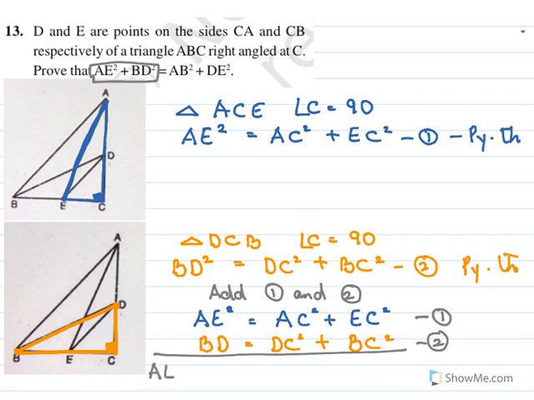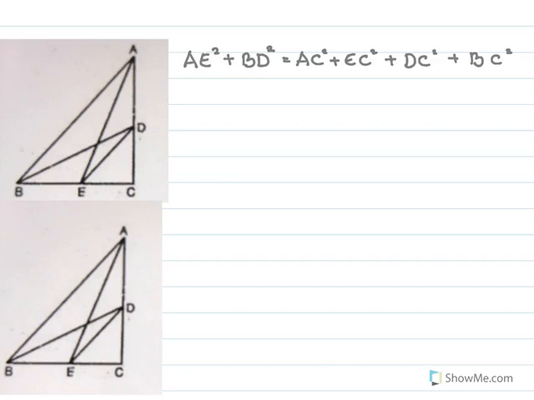So we'll get AE square plus BD square equal to AC square plus EC square, this is the blue, and now I'm drawing the yellow, DC square plus BC square. This is where we've got.